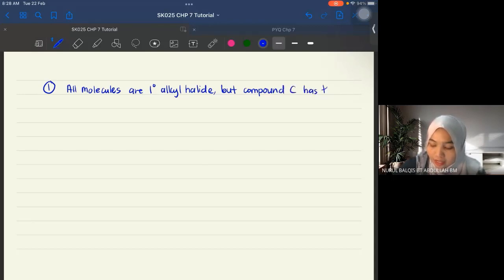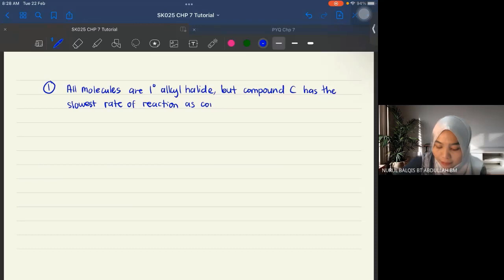Yeah. But compound C has the slowest rate of reaction as compared to siapa lepas C tadi? Lepas C tadi A ke B? A. Okay, as compared to A and B. Okay, kenapa?